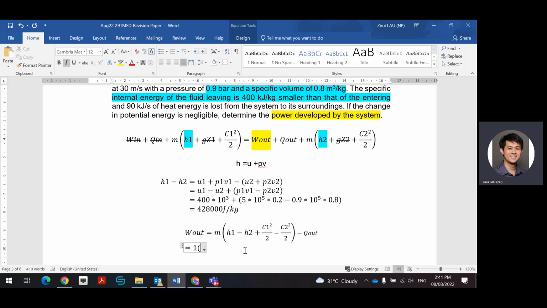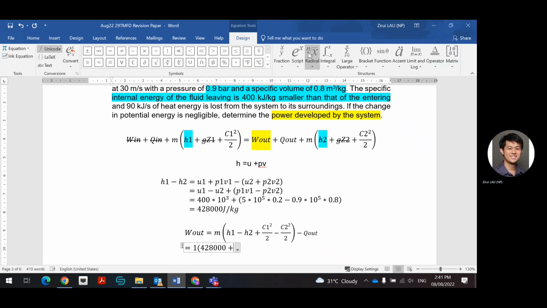So m is 1. H1 minus H2 is 428.123. Plus C1 square is 10 square, so it's 10 square over 2.